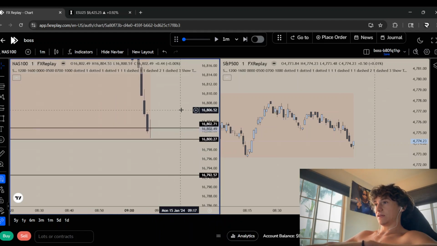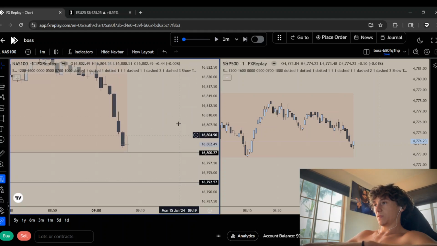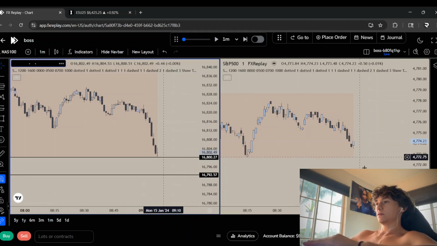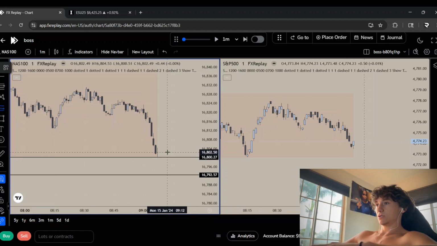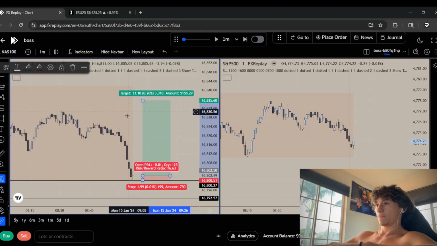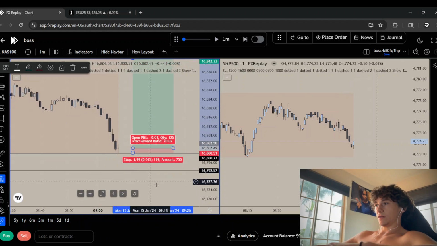So I've noticed that when you make a SMT and the other indice is doing exactly what you need it to do, you can long actually. We're gonna try this.